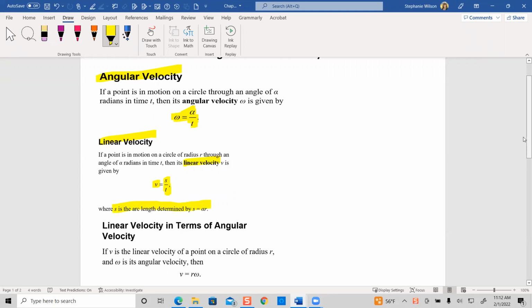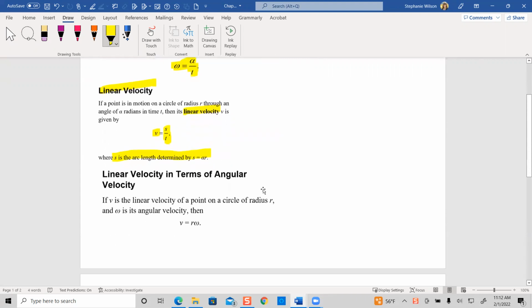S is equal to alpha times r, where r is my radius. So a linear velocity in terms of angular velocity: if v is the linear velocity of a point on a circle of radius r, and omega is the angular velocity, then v is equal to the radius times omega.